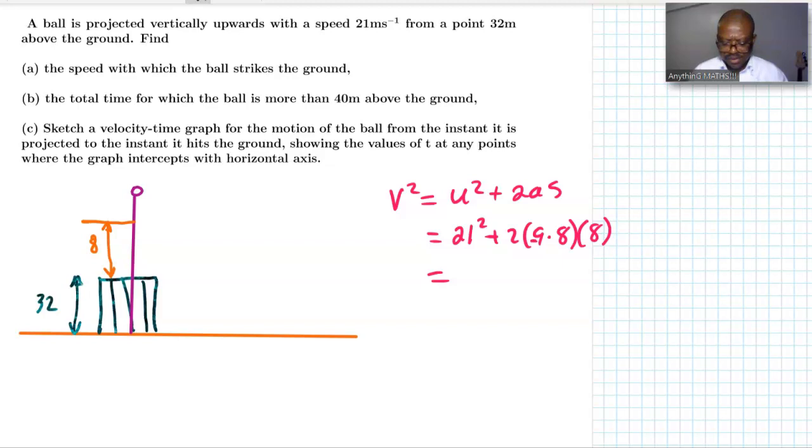Okay, let's see what you're going to get. 21 squared minus 2 times 9.8 times 8.